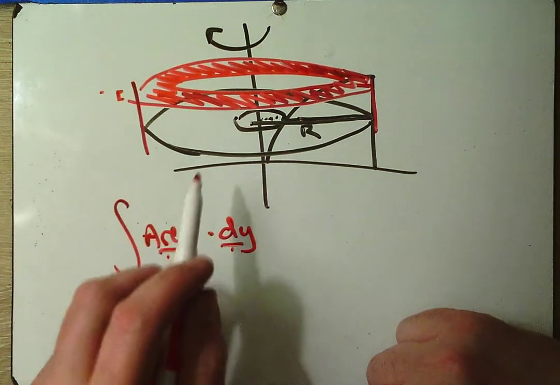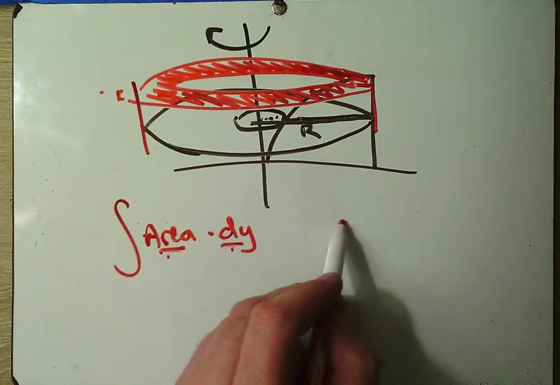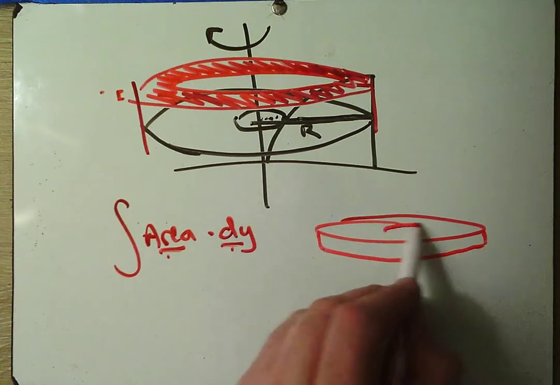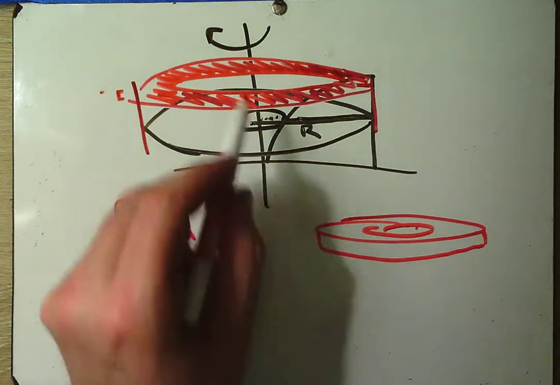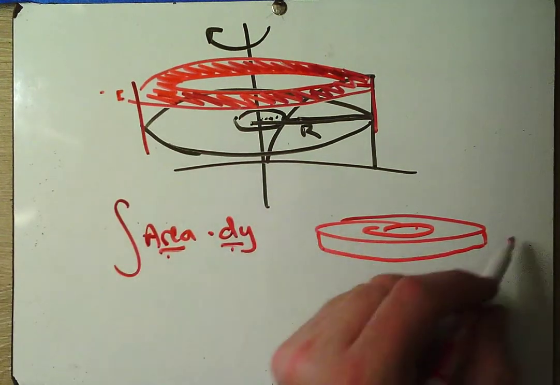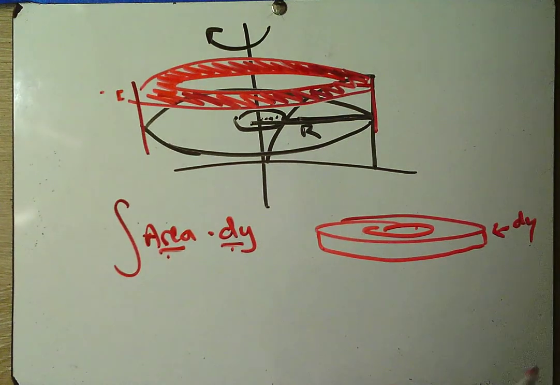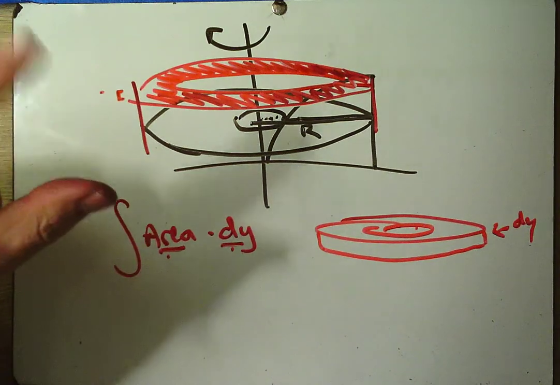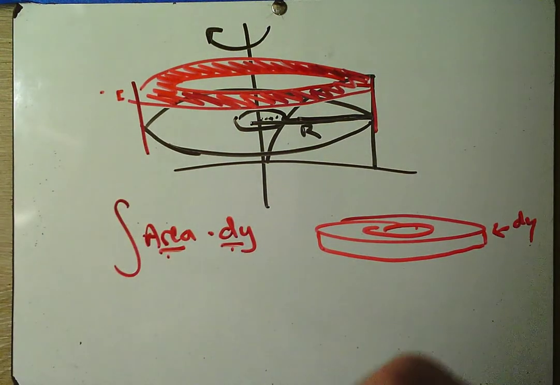We're actually finding the volume of not a flat disk, but instead a cylinder with a hole cut out. That's what this is. We're just going to make this dy head to 0. So we're going to stack up an infinite number of these, and we can get an infinite number if you let the height of each one head to 0.